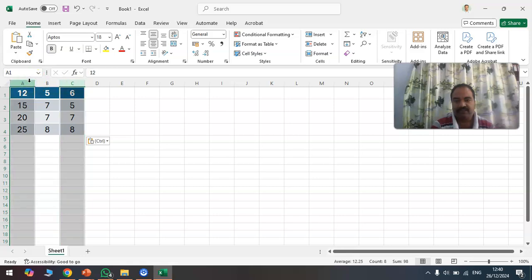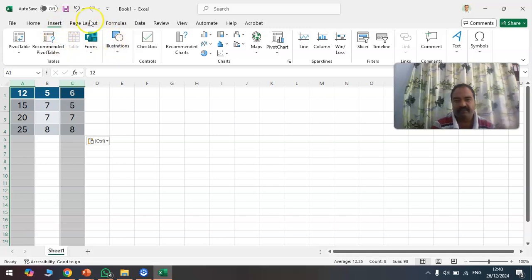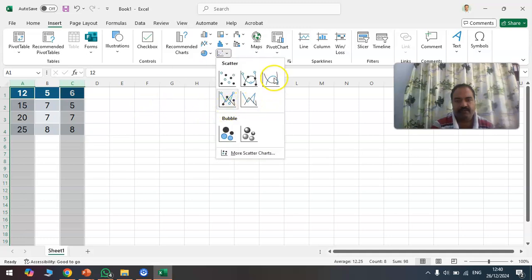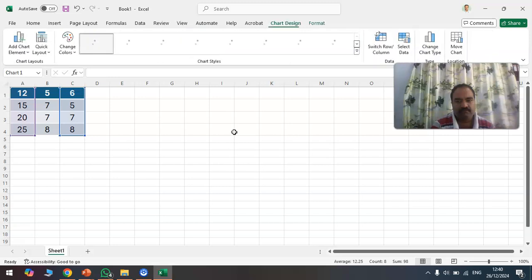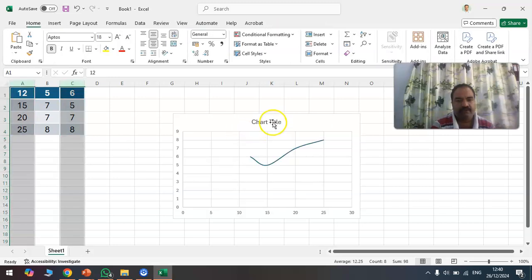I'll just select these things, C and D, and I'll insert a chart now. So here in the charts, I will include a chart. Yeah.